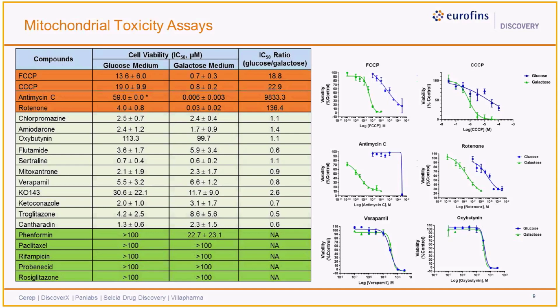Rotenone is a classic mitochondrial inhibitor that inhibits complex 1 NADH ubiquinol oxidoreductase in mitochondria. We observed over 100-fold of IC50 shift between the glucose and the galactose assays. IC50 ratio gives us a clue that a compound may cause mitochondrial toxicity.